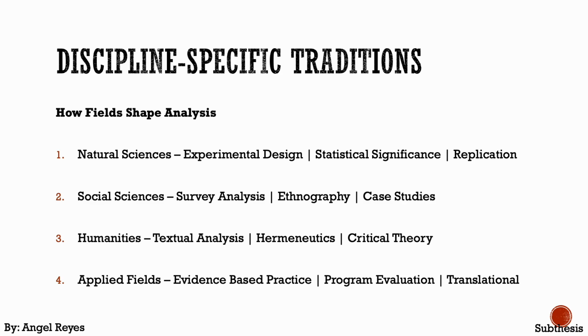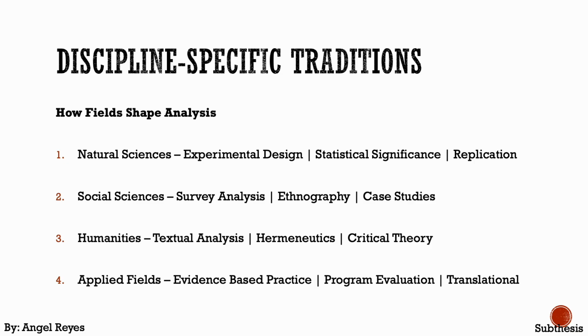Sociology uses both quantitative analysis of large-scale surveys and qualitative analysis of social interactions. Political science combines statistical analysis of voting patterns with qualitative case studies of political processes. This diversity reflects the complexity of studying human behavior and social systems.